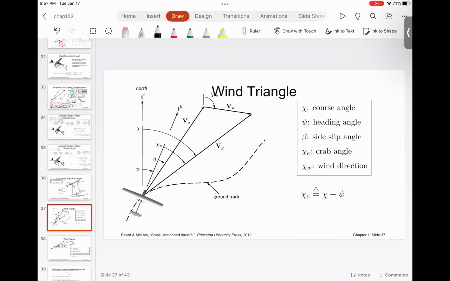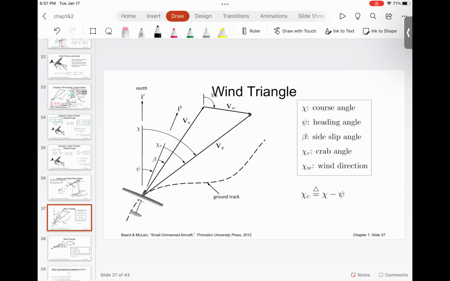But please try to understand, there is always a difference between the angle the pilot wants the aircraft to go and the angle at which the aircraft is going. And sometimes that is denoted by chi c, which is again something called the crab angle.